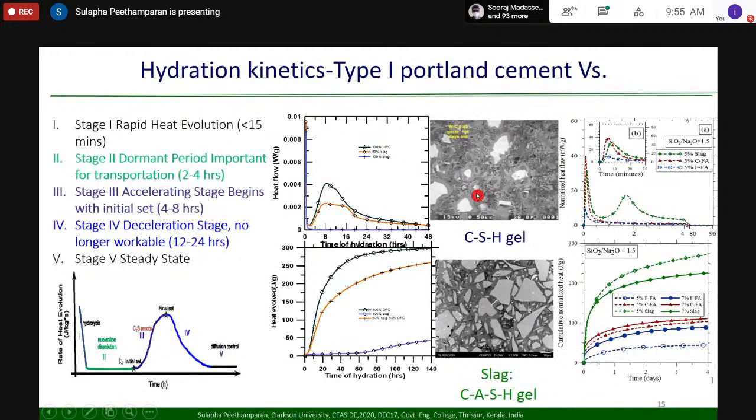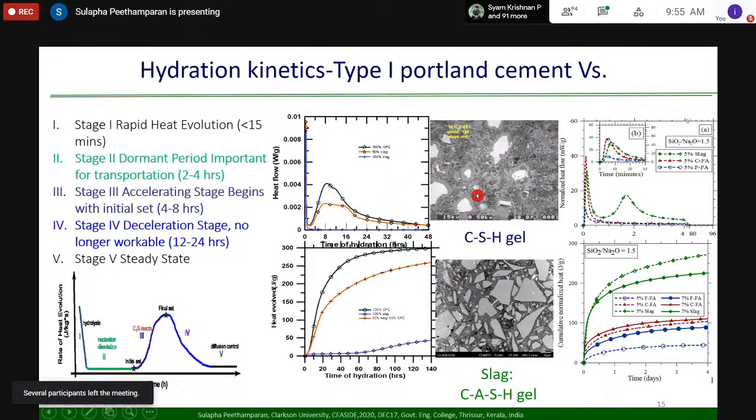Any cement reacting with water, we call hydration. It has several stages, and as a concrete engineer on the site, you normally know what is happening here. In the induction period, where no heat is evolving, for a normal Portland cement it is around 2 to 3 hours. This is the time when you do all the mixing and transporting of the concrete to the site in a concrete truck.